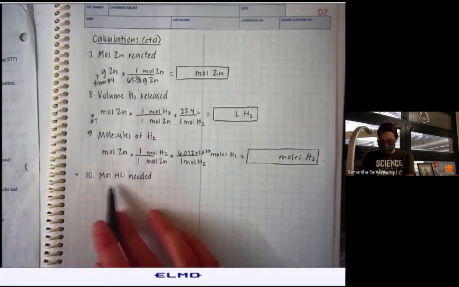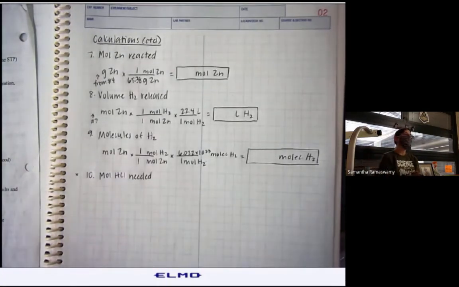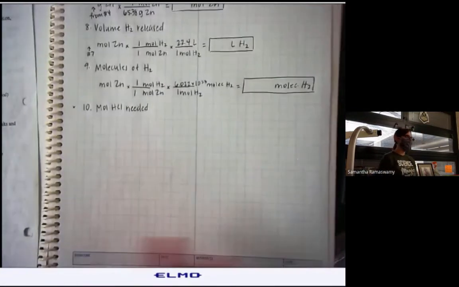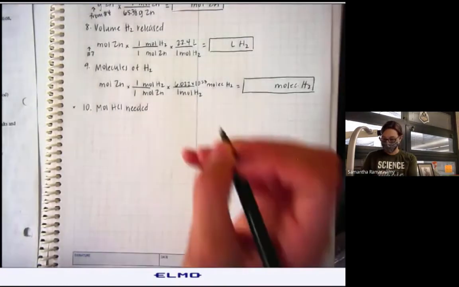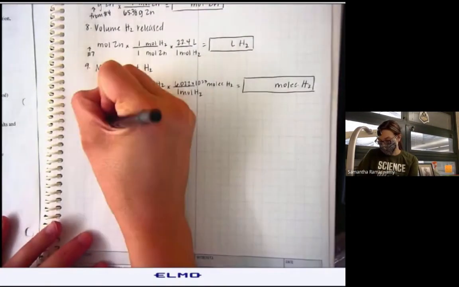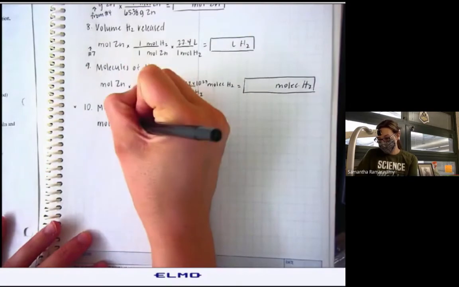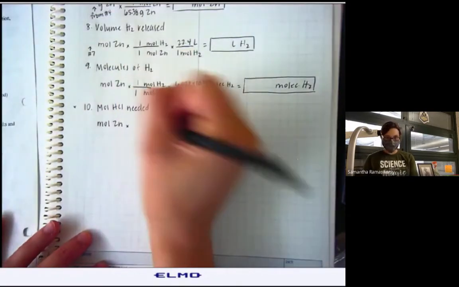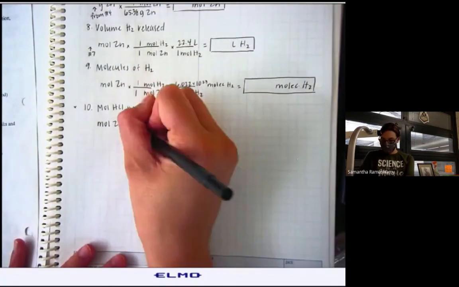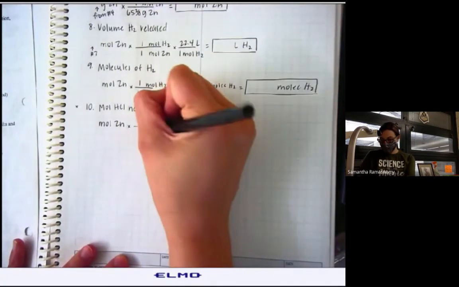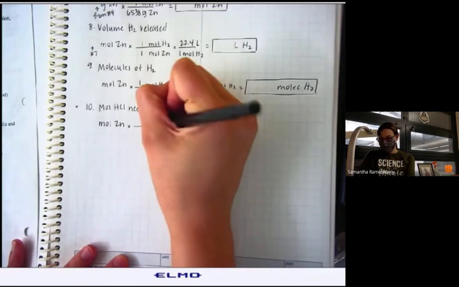So we want to figure out how many moles of HCl are actually needed. When you have a limiting reactant, that limiting reactant drives all calculations. So once you know that a limiting reactant exists, that's what you have to use for every single calculation. So I'm going to start with my moles of zinc, right? Because that's my limiting reactant. I don't want zinc, I want HCl. So I want to go from zinc to HCl.